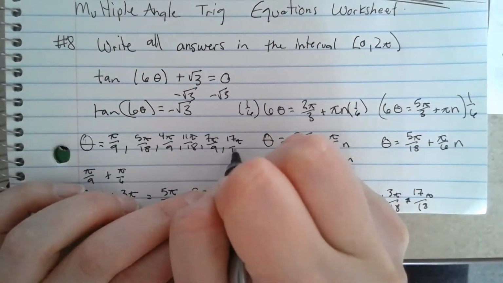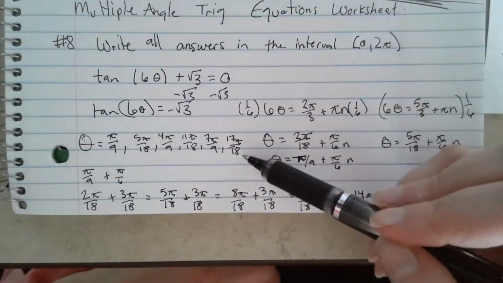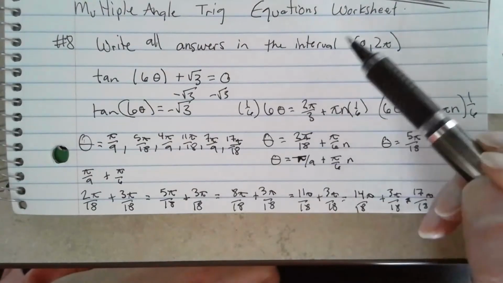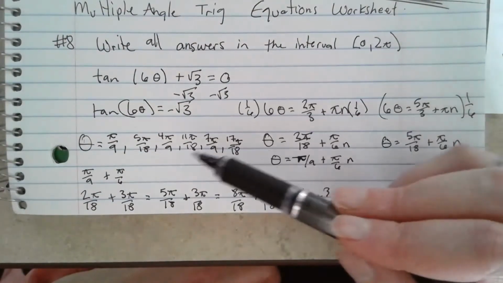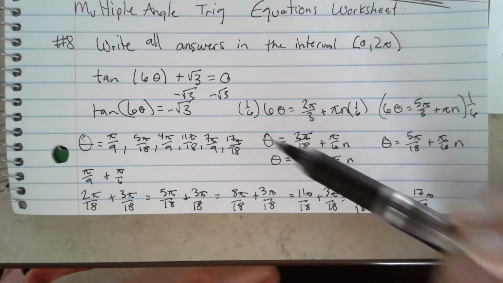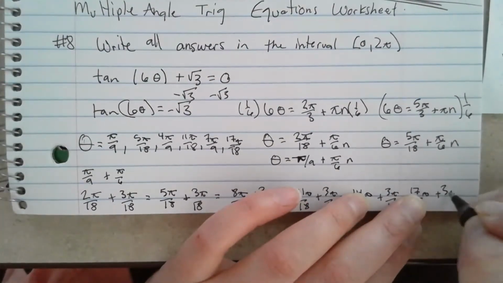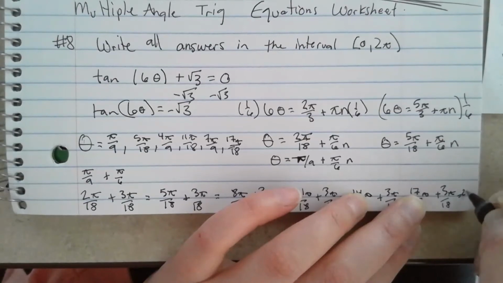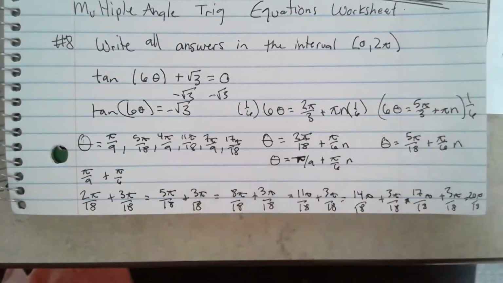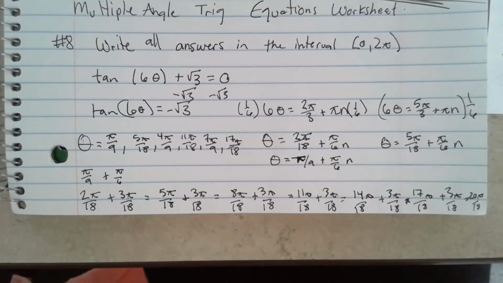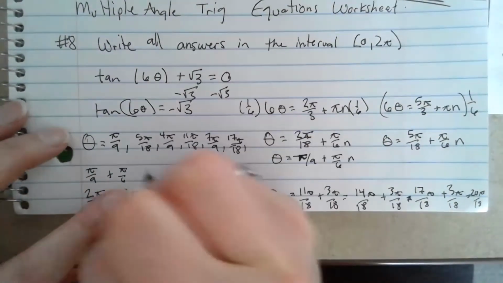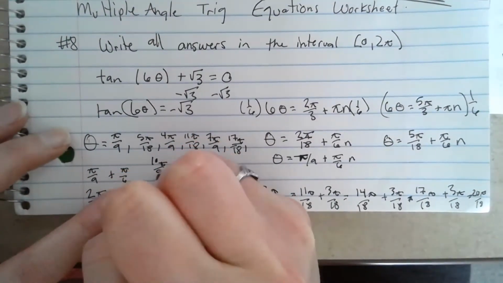17 pi 18ths, and we're close to pi, and we need to go all the way to 2 pi, so I'm only halfway there. So then I'm going to keep adding. I'm going to add 3 pi 18ths, and I get 20 pi 18ths, which reduces down to 10 pi 9ths.